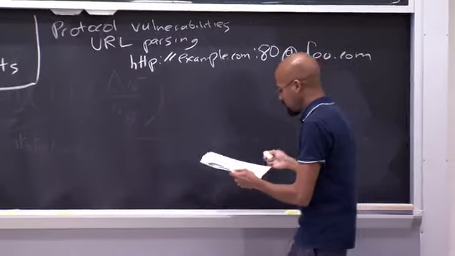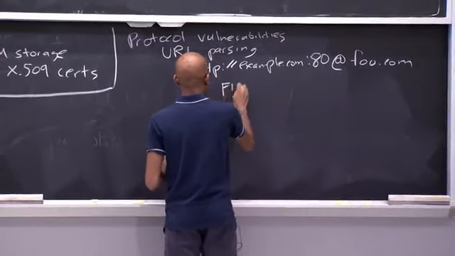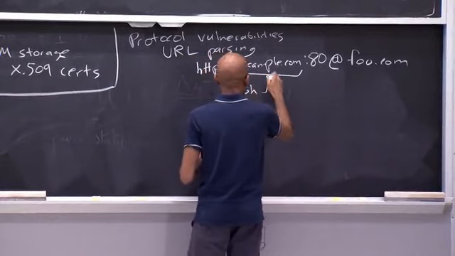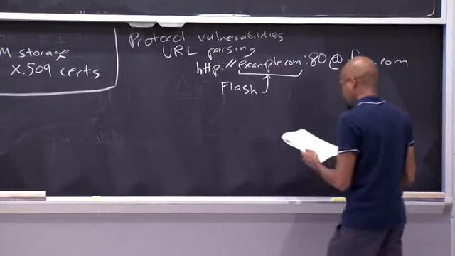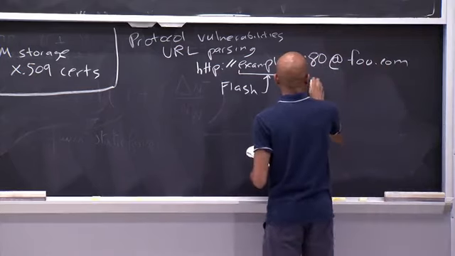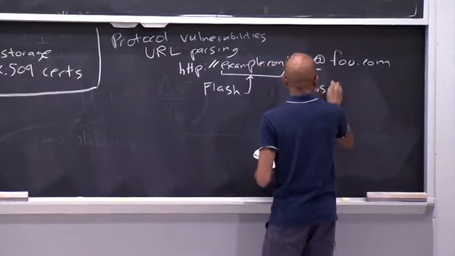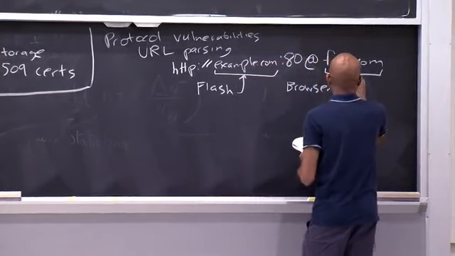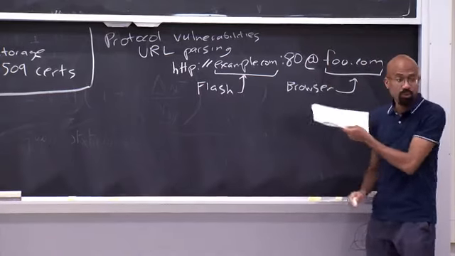As it turns out, Flash would say that the hostname portion of this was example.com. However, when the browser would parse this, it would say that the hostname part of the origin was actually foo.com.